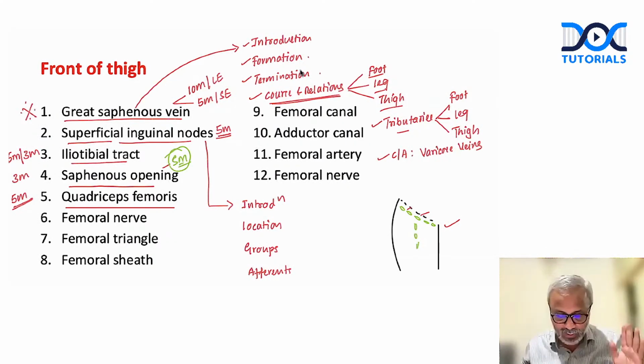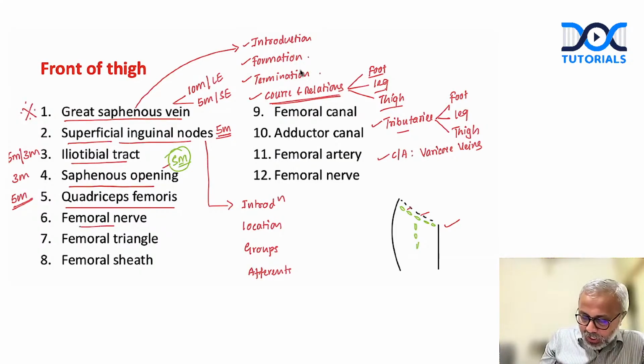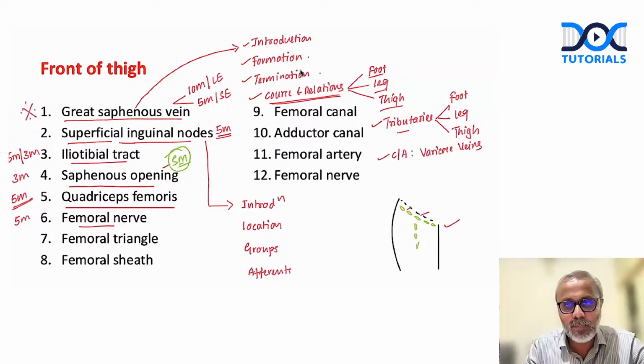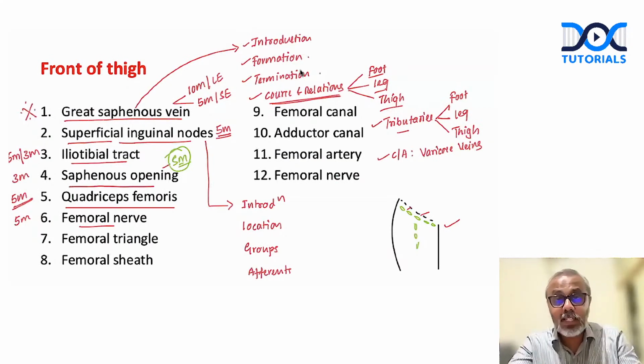Right? Done. Then femoral nerve could be again one more important 5-marker. As we have discussed for any other peripheral nerve, if you have attended the previous session that we did about the upper limb topics, any peripheral nerve apart from the cranial nerves, we can describe under the headings of, again, introduction.